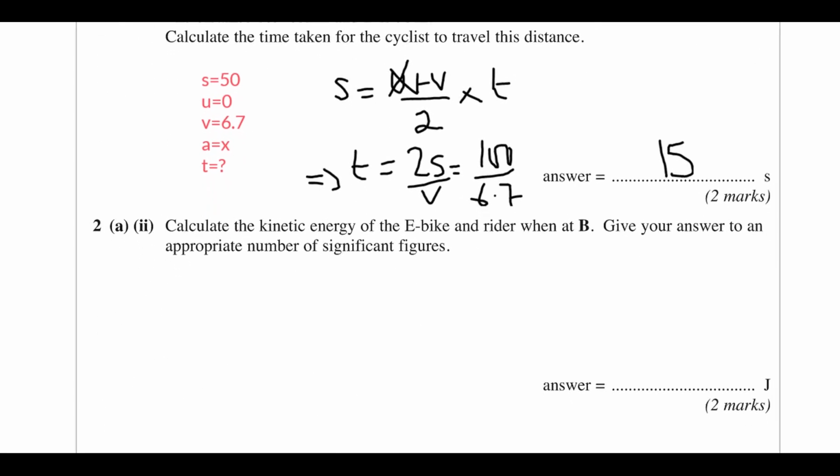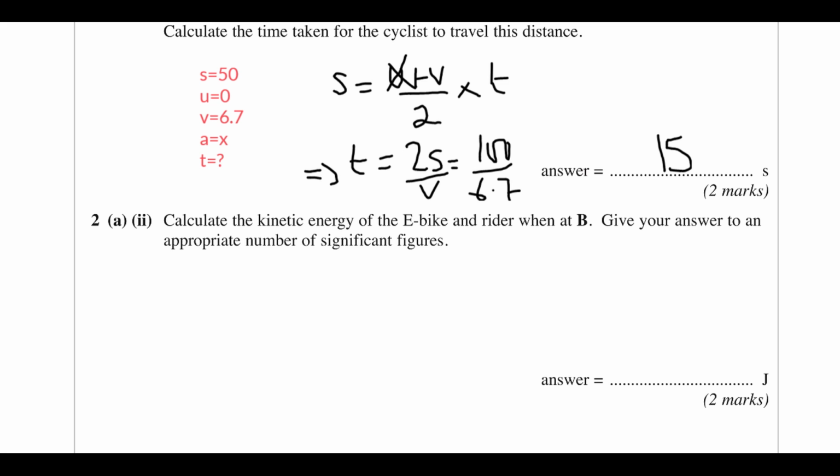Okay, so calculate the kinetic energy of the electronic bike and rider when at B, giving our answer to an appropriate number of significant figures. So kinetic energy, it's in your formula sheet, but you should know this by now, half m speed squared.